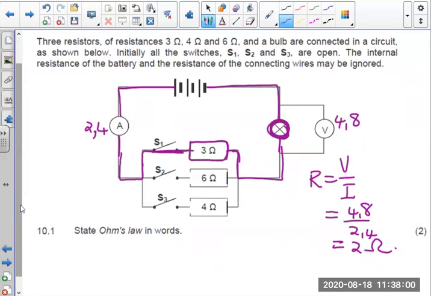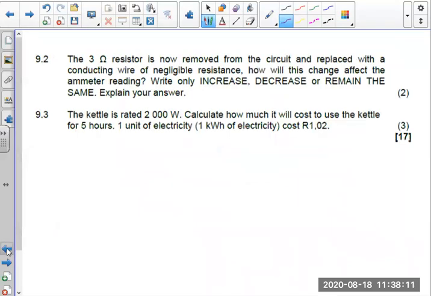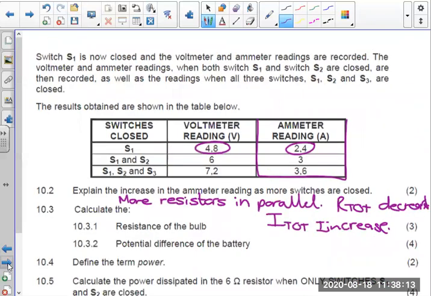The main thing is just R equals V over I, with the 4.8 and the 2.4 that they gave us. Say, for instance, you use the information on the next page, where we have the ammeter reading and the voltmeter reading when switch S1 and S2 are closed.